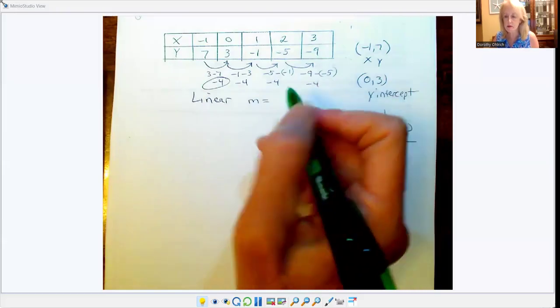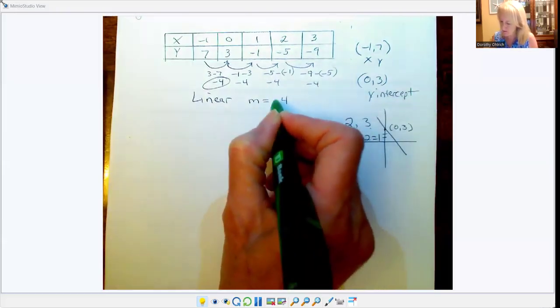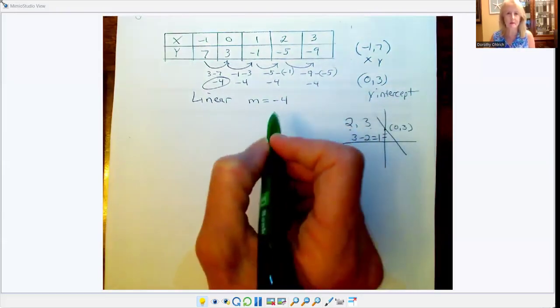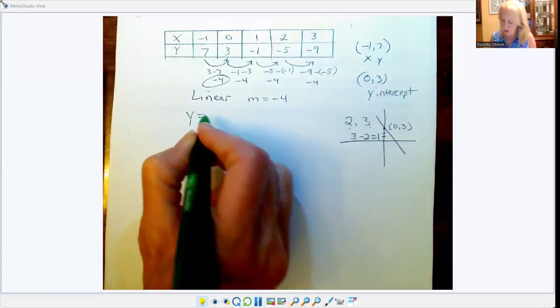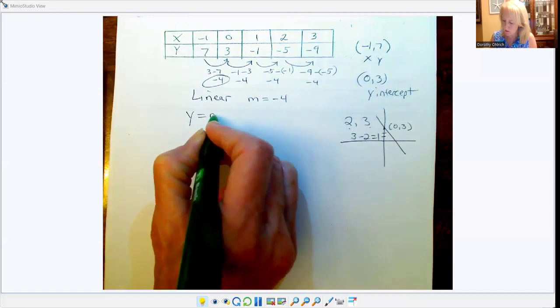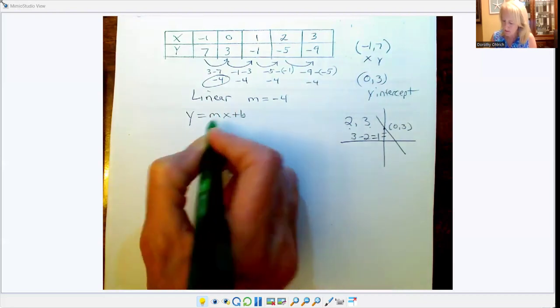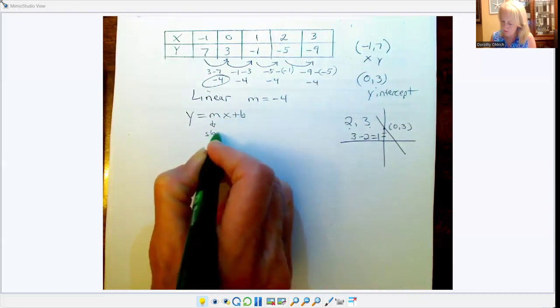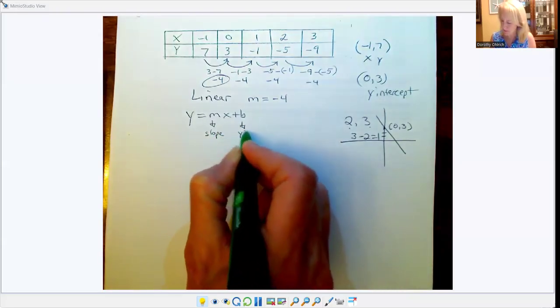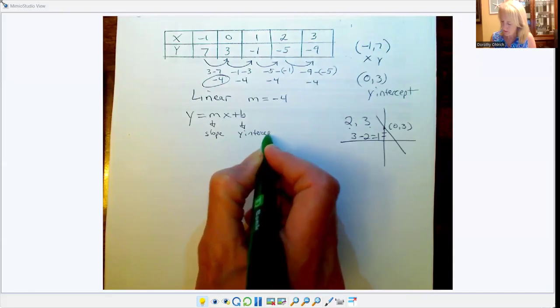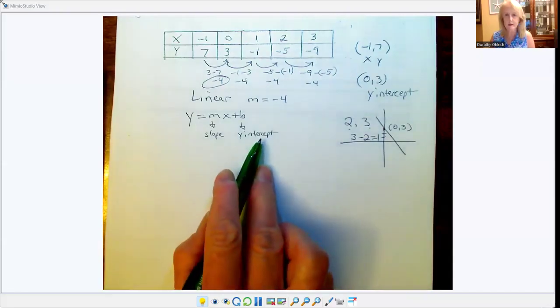The difference is -4, and that's going to be the slope. M stands for slope, but I call it mountain slope to help you remember, so M is -4. The linear equation that we want is y equals mx plus b, where m is the slope and b is the y-intercept. Why is that the y-intercept?